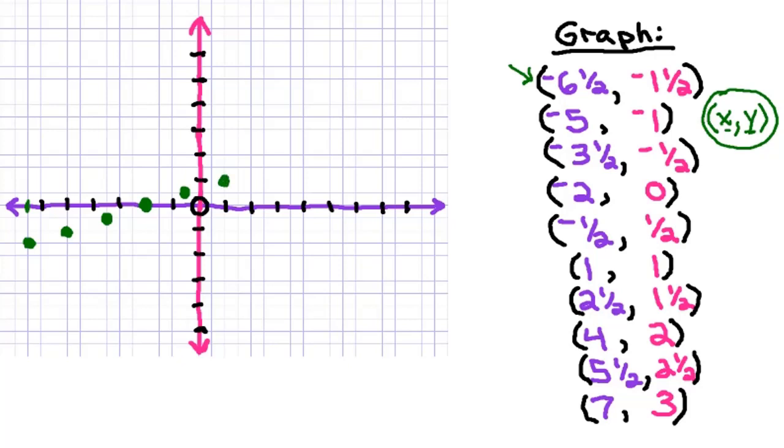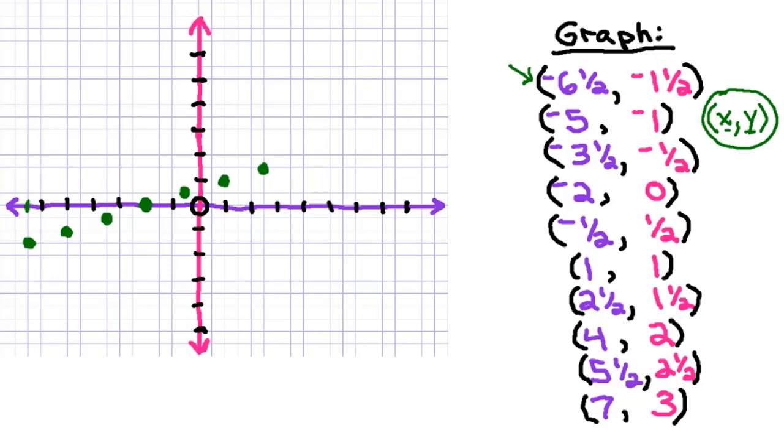Great. Now your next set of coordinates is 2.5 and 1.5. So these are both positives now. We're all on the positives now. So on your x-axis, you're going to count over to the right 2.5, and then you're going to count up 1.5. Now your next set of coordinates is 4, 2.